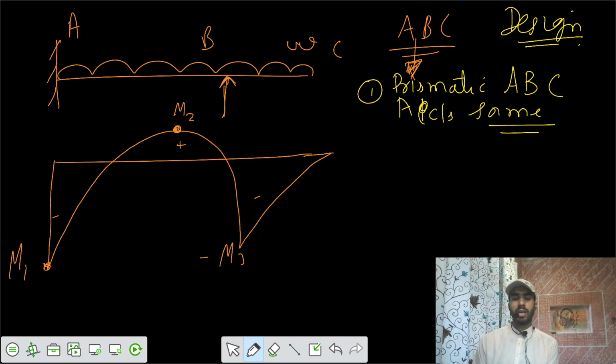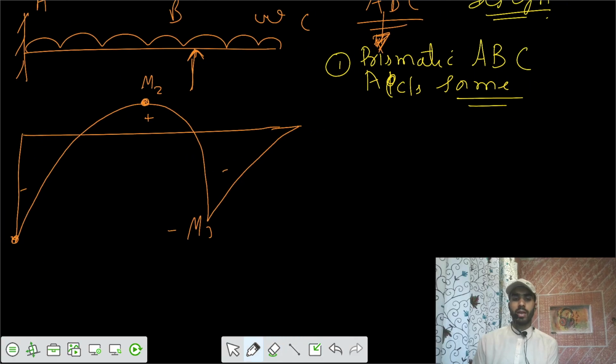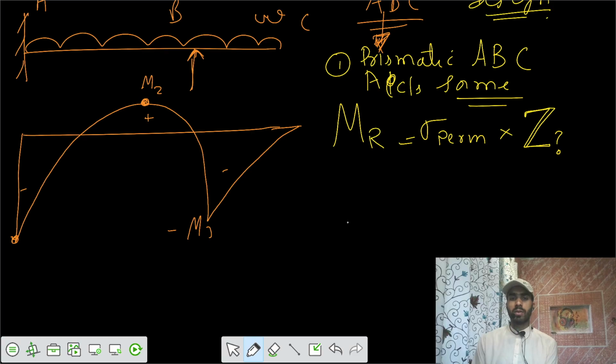So out of those three bending moments, we have the same permissible stress, and how much section modulus should I keep? Such that the moment of resistance should be equal to the maximum out of these three, M1, M2, M3.